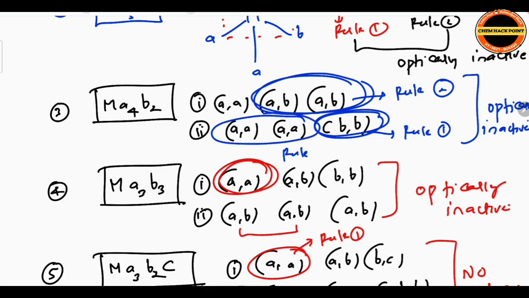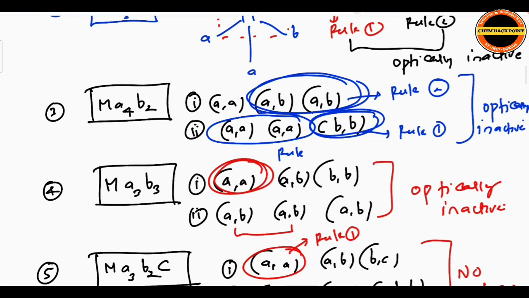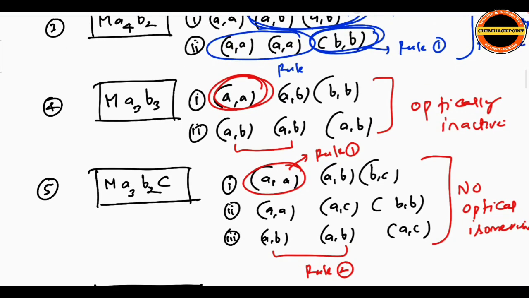In each structure, you search for rule 1 or rule 2. If at least one rule is satisfied, you can directly write optically inactive. Structure 1, structure 2, both have rule 1 or rule 2 or both present. So no optical isomerism. MA3B3, you see, a pair having the same ligands. Here 2 pairs are the same, so optically inactive.